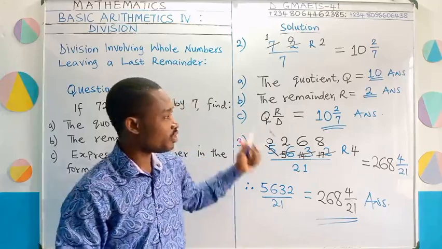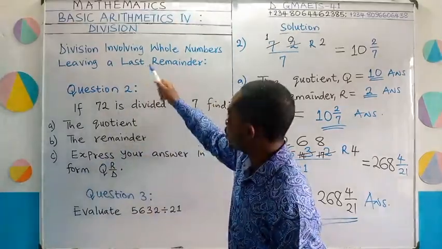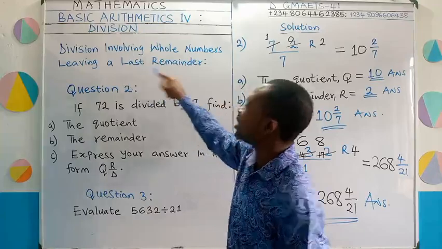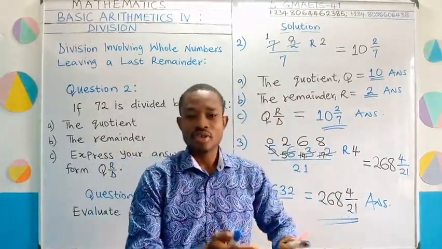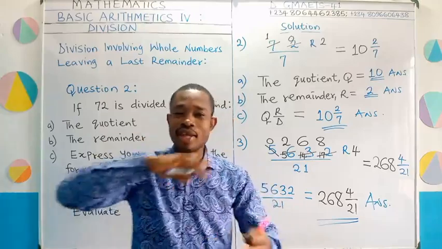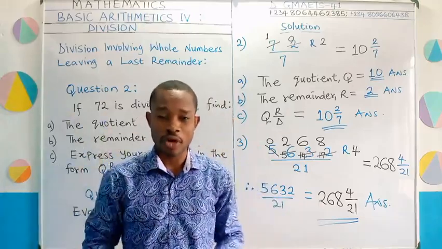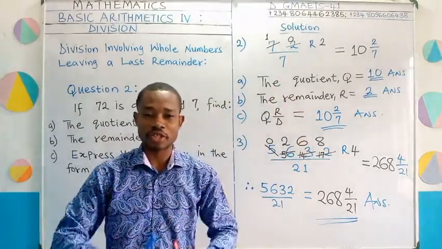You have to rewatch this video lesson again and again, because I am done teaching you division involving whole numbers, leaving the last remainder in a case where you are expected to write your last remainder in fraction form. That is to say, you put your answer in fraction form. And of course, our answers, as you've seen, are in mixed fraction.